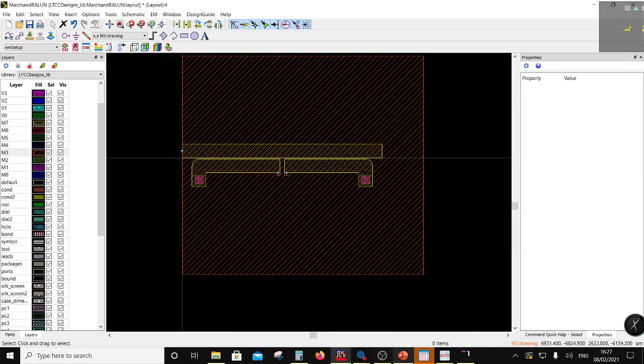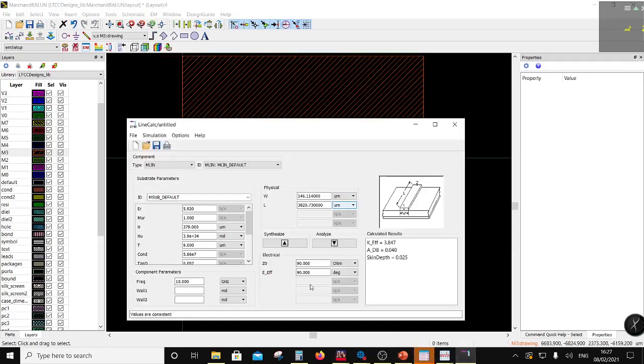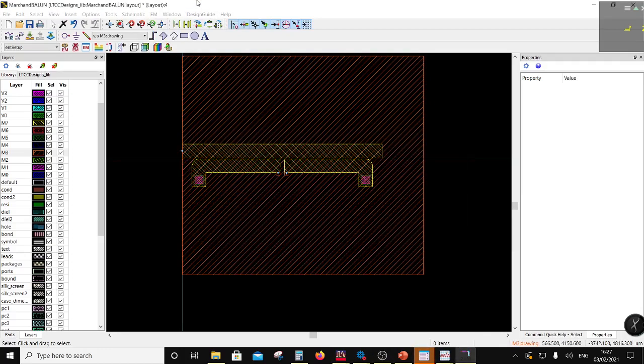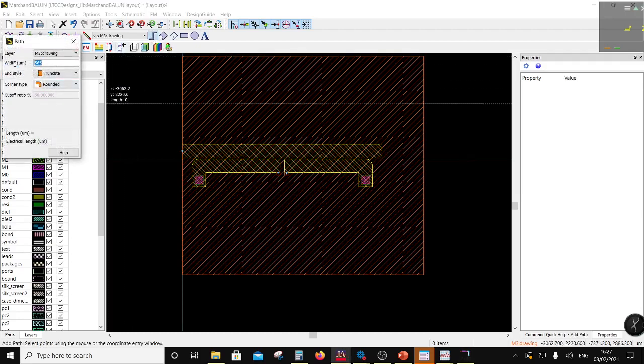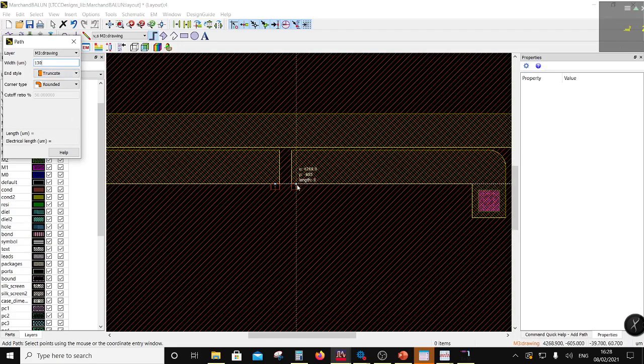Clear mesh. Okay, so here I am going to say is 3820. So I am going to take a line whose width is 120 or 130, right? 130 roughly. And I am going to draw from here. So not on this layer.